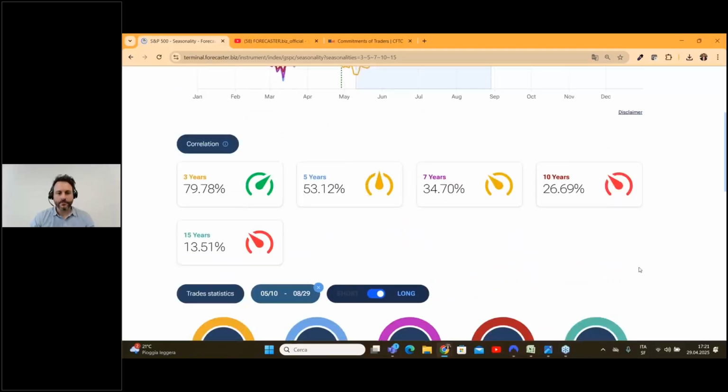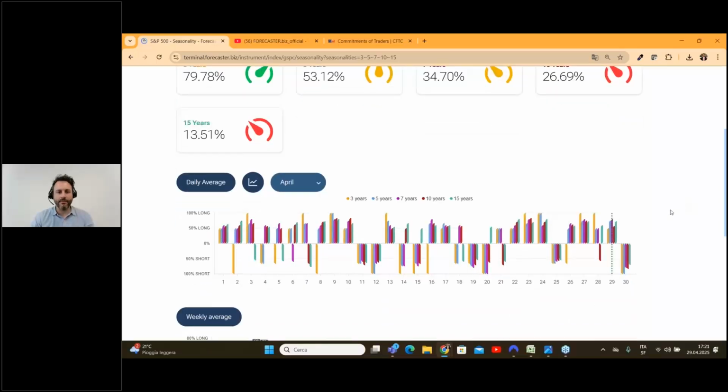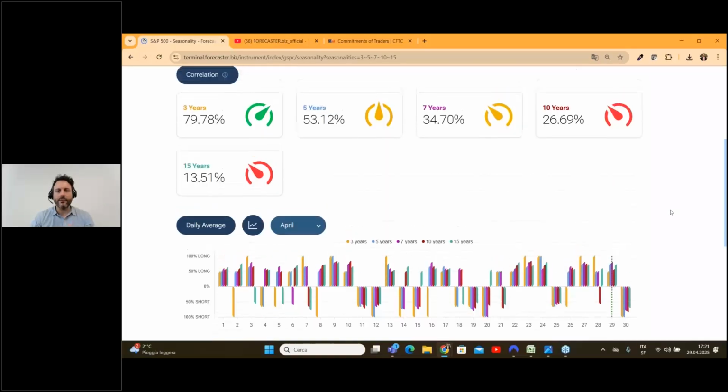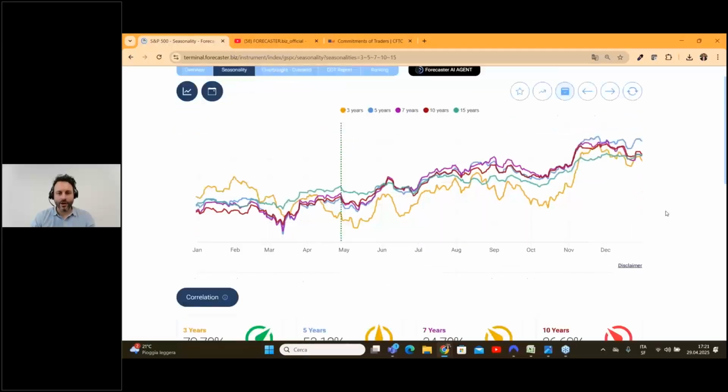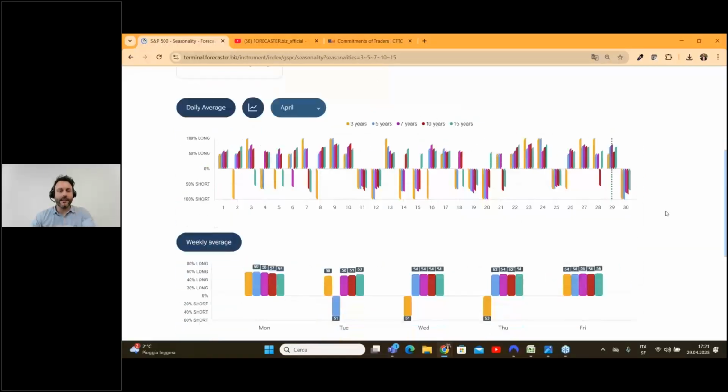But if you just scroll down the page without highlighting any parts of the chart, you can find the average for a daily average.